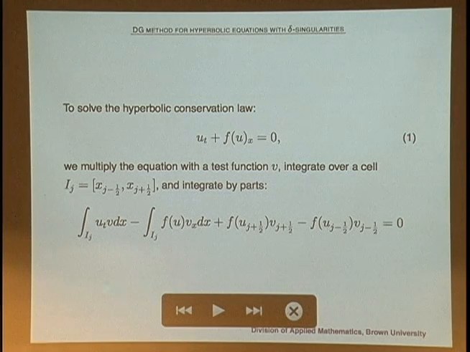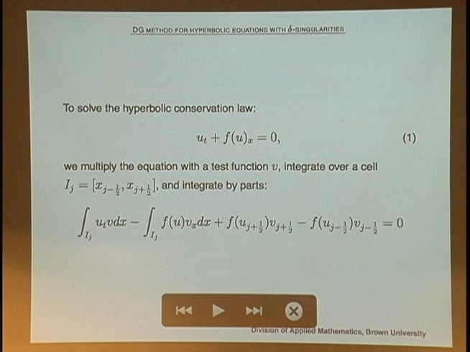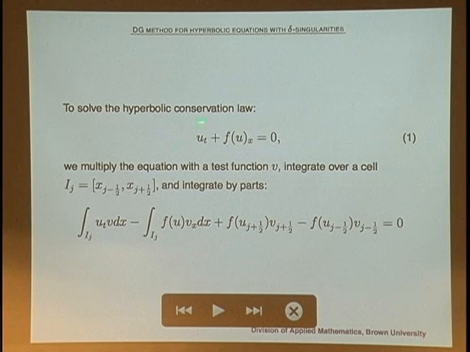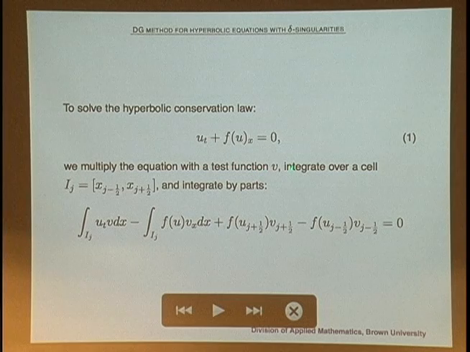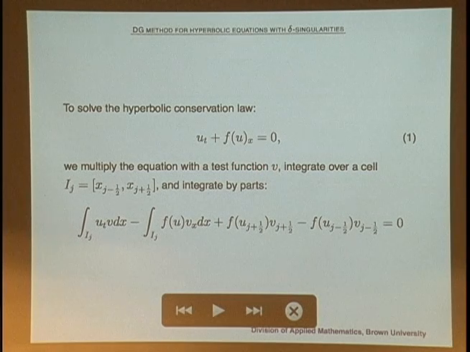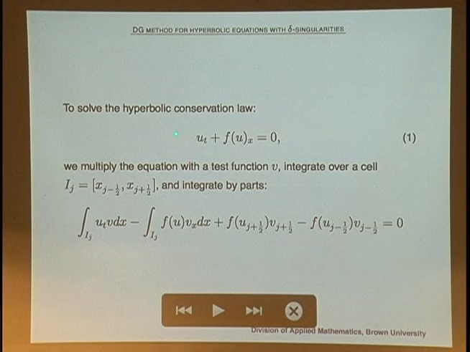So, let's look at the method. This discontinuous Galerkin method is a finite element method. If you're not familiar with finite elements, basically what you do is that you have this PDE here. You multiply it by a test function v. For the time being, you just think about v to be an arbitrary C1 function. Of course, it's still 0.